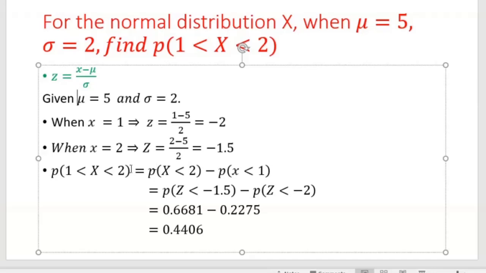It is minus 1.5. Change this into z. Again change this also to z. Now use the normal table here. From the normal table, find the value for this, find the value for this, find the subtraction. So it needs a little bit of practice from you.